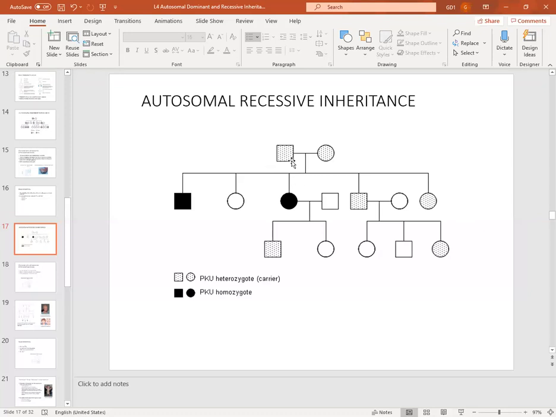Here we have a carrier, shown in brown color with a lot of dots in the center. A carrier means they have the mutation, but they do not express the disease. But thinking about this, we don't know about the carrier situation.